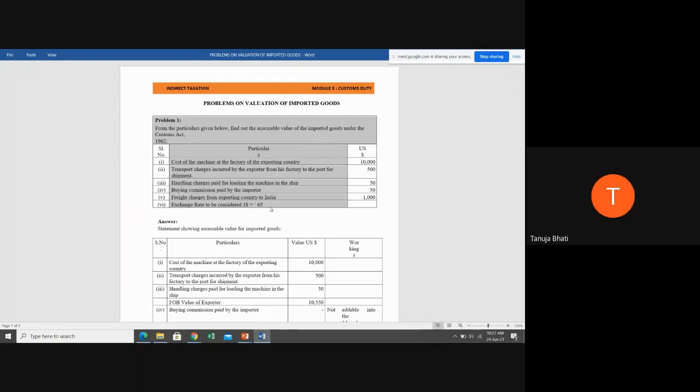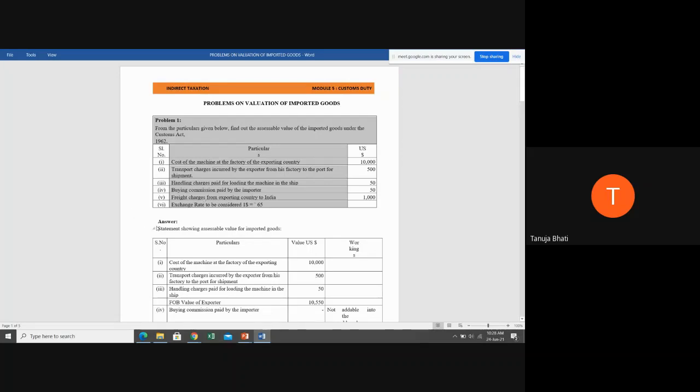I have also explained to you all, suppose when insurance charge is not given, what is the insurance charge that you're going to consider? When insurance cost is unknown, you're going to take 1.125% of FOB as your insurance cost, right? So now let us solve the problem based on the explanation that we did.